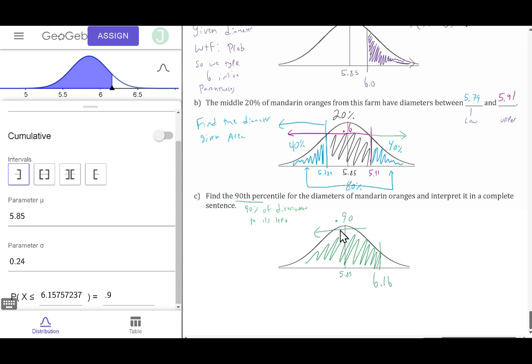So we are almost done, but we need to refer back to step 3 from earlier. Step 3 says to reread the question and ensure that we've actually answered it. It says to also interpret this in a complete sentence. We have not done that yet.